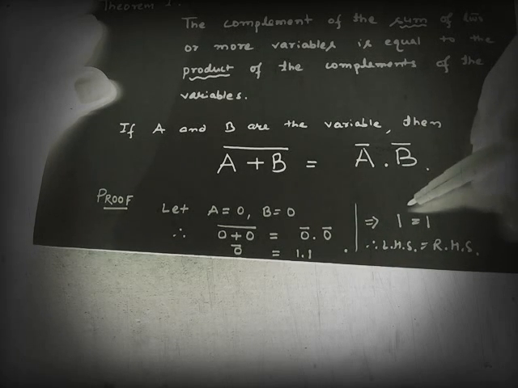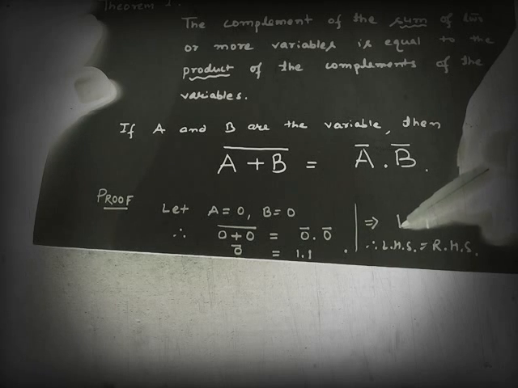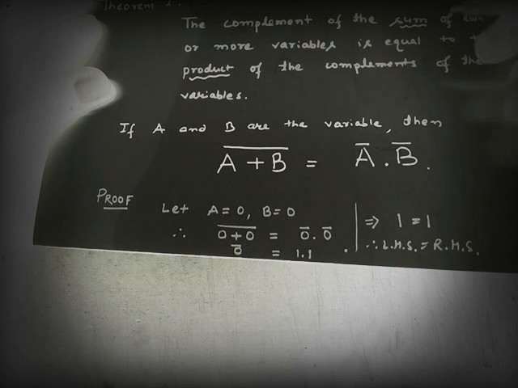As I stated before starting theorem 1, the complement is just the opposite of the variable. So if the variable is 1, the complement will be 0, and if the variable is 0, it is going to be 1.